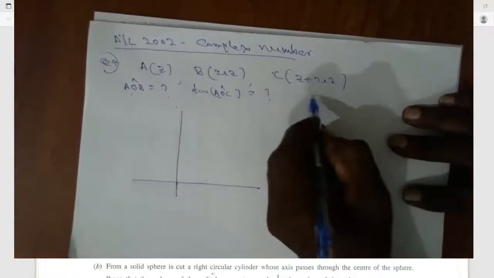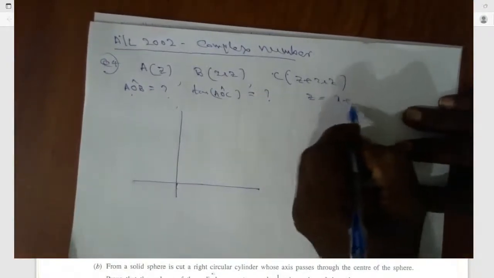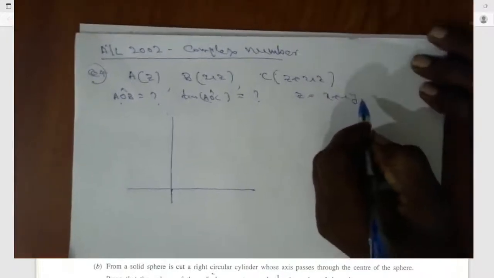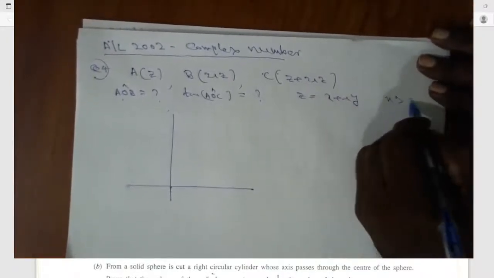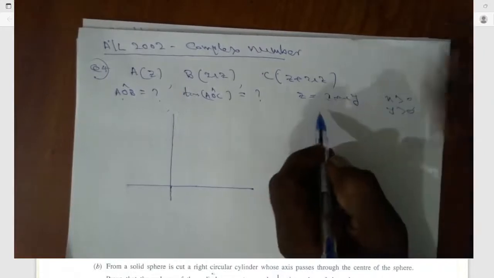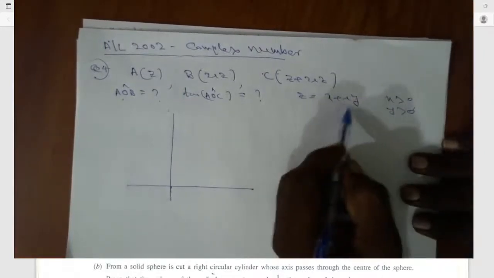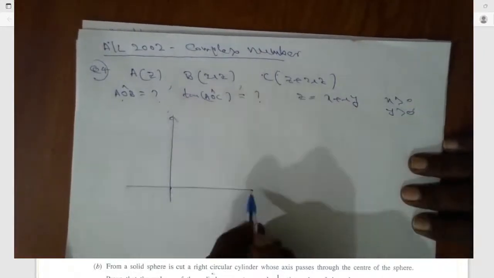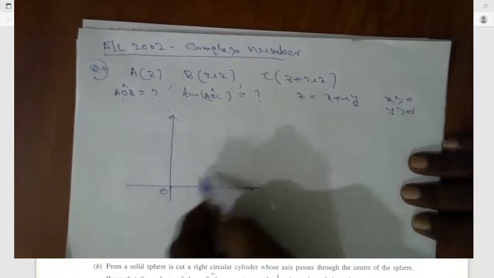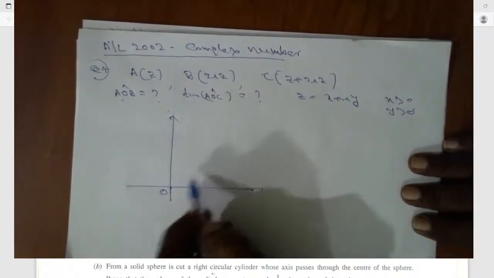For z equals x plus iy, you are given that x greater than 0, y greater than 0. That means the complex number x plus iy, or z, is in the first quadrant, right?